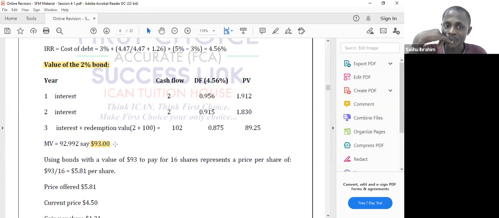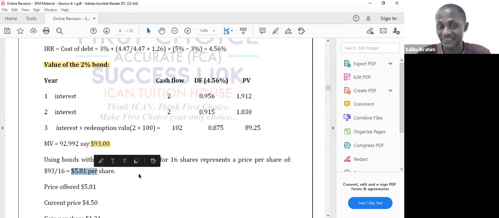Because 93 will buy 16 shares. Divide that 93 by 16, we have 5.81. So using the bond with a value of 93 to pay for 16 shares represents a price per share of 93 over 16, which is 5.81 per share. So that is the price.